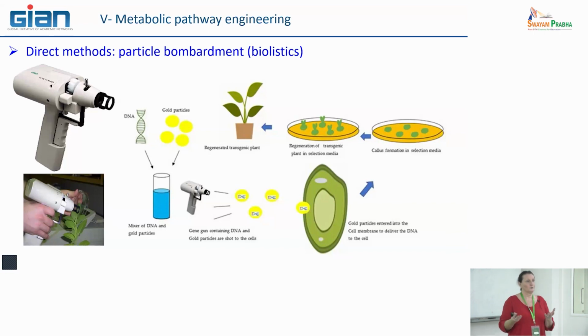And after, you just have to put your cells under a UV microscope with specific wavelengths, and you can observe if the cells are able to become fluorescent or not. If they are fluorescent, it means they have also expressed the enzymes.